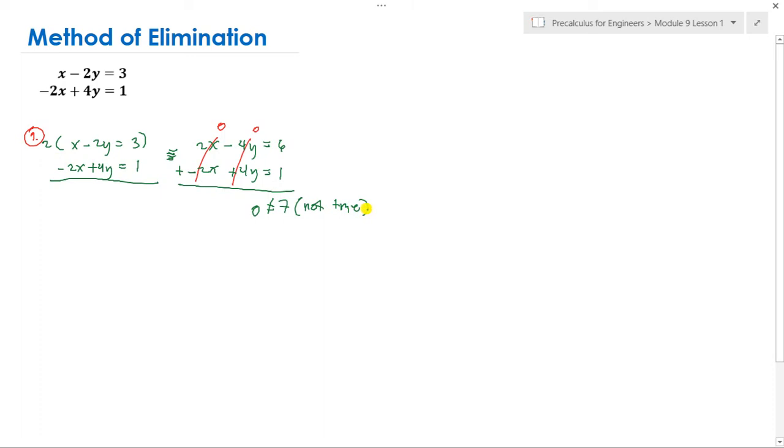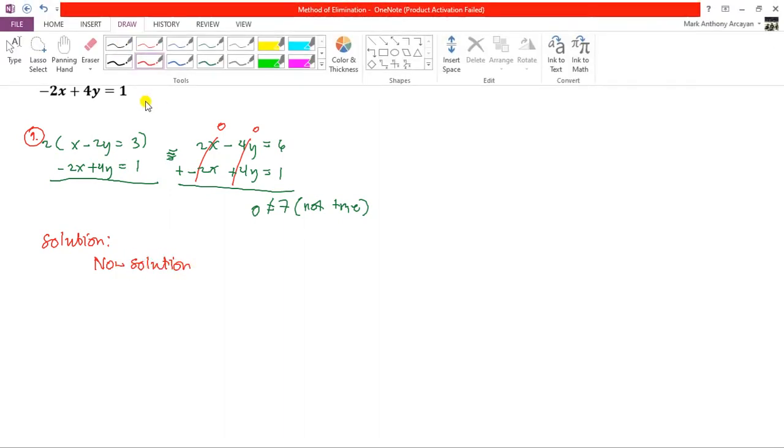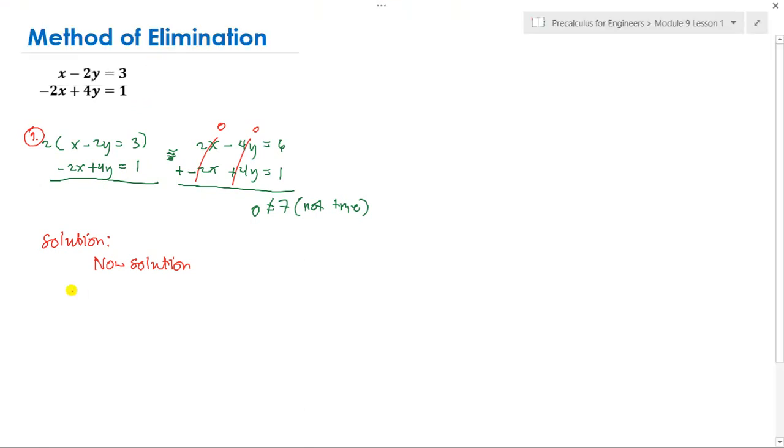So what do we do? Most probably our solution is null, or we don't have a solution, so no solution. Then, actually, we don't have a solution, so let's interpret that.